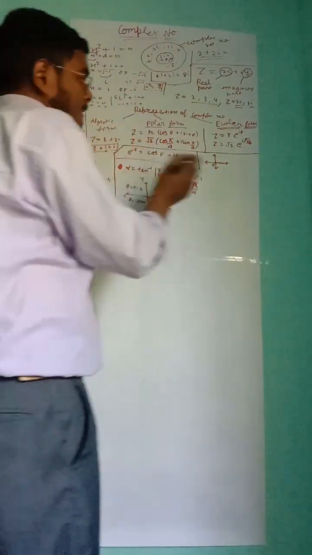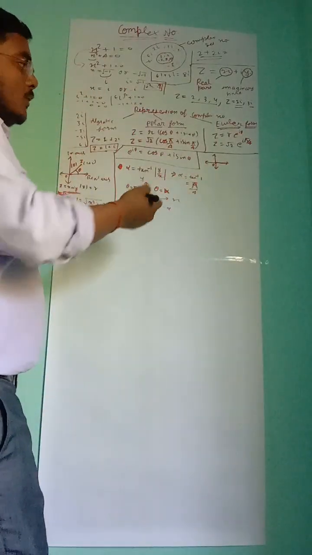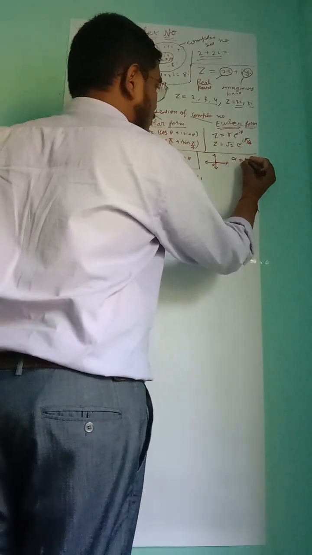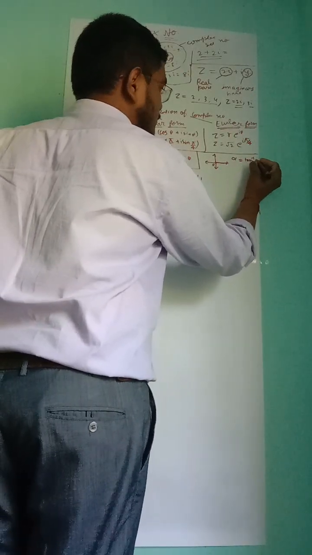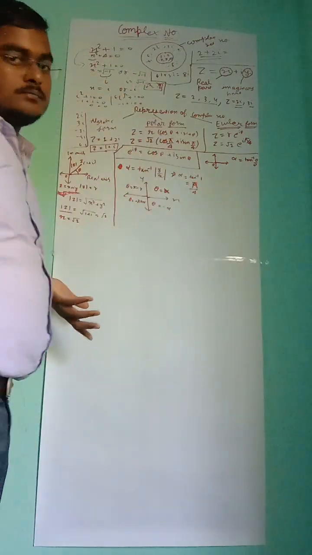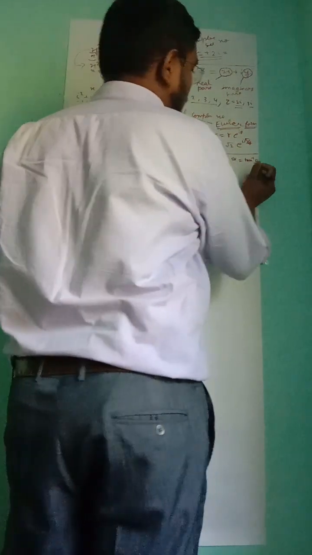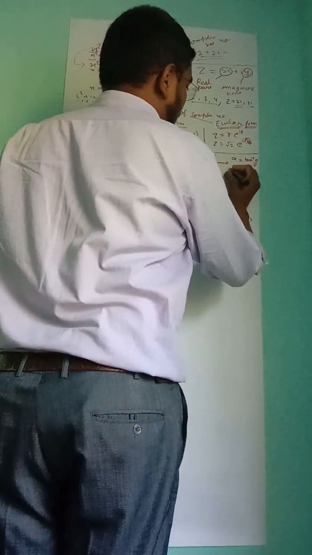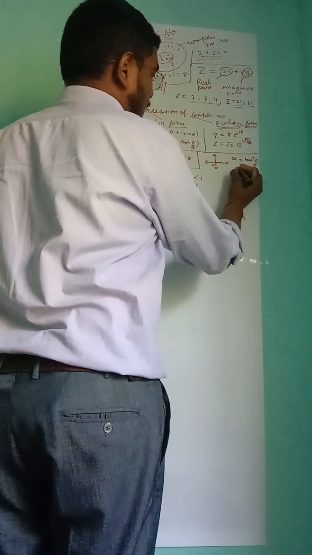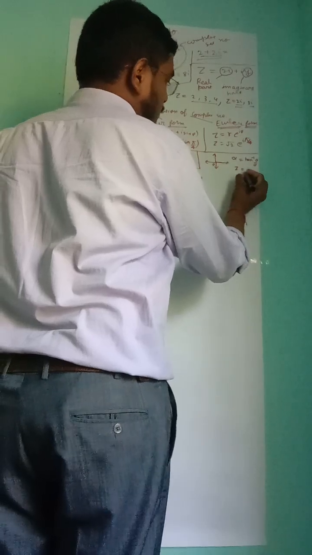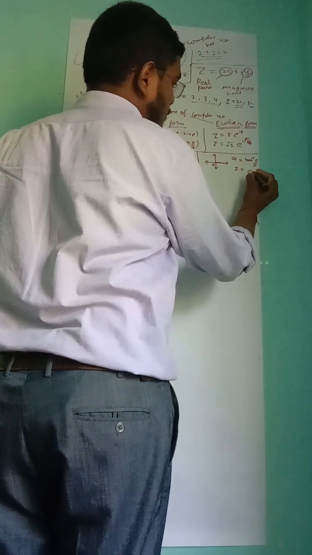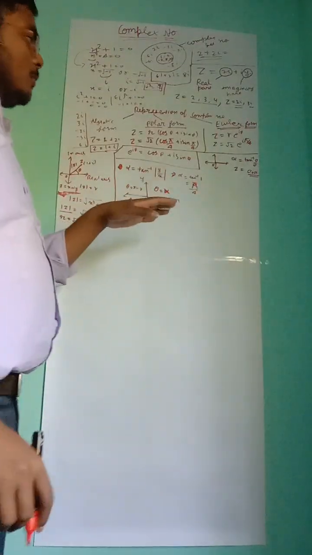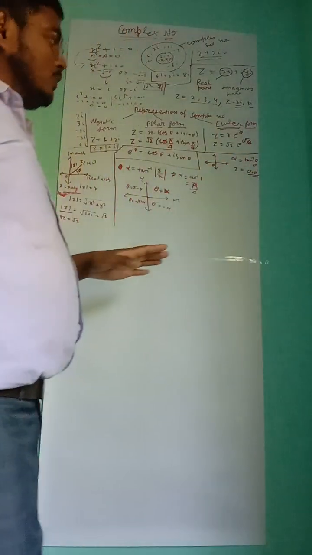Another way to say it is that alpha is equal to tan inverse of 0 by 0, which is not defined. So for z equal to 0 plus 0i, the argument of 0 is not defined.